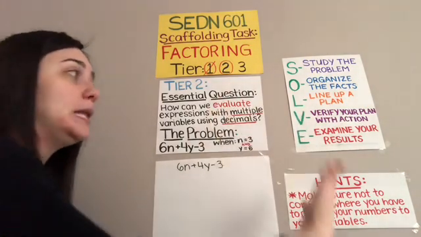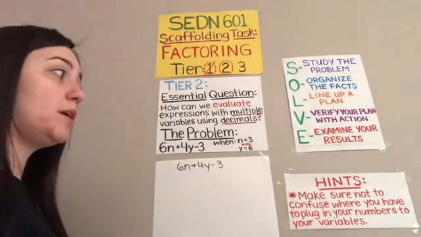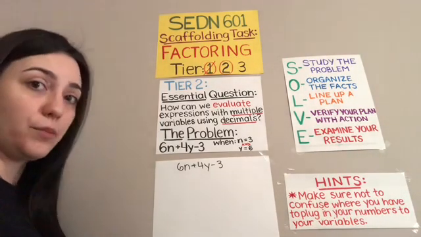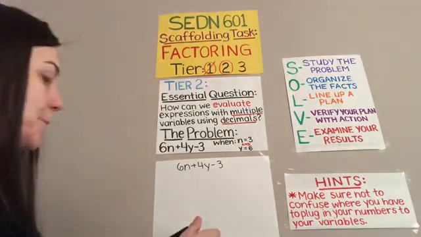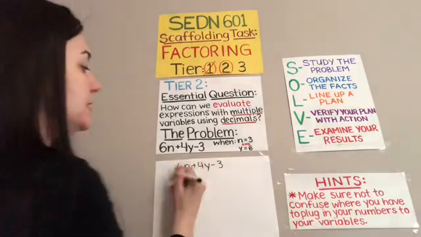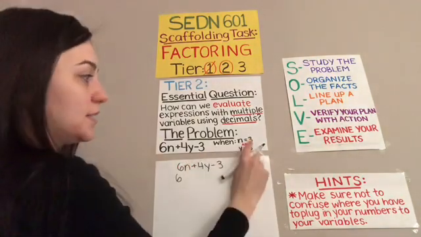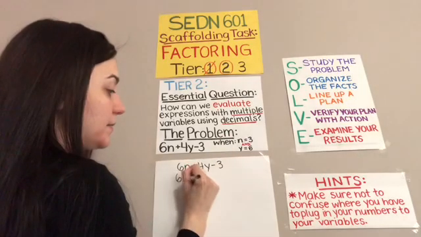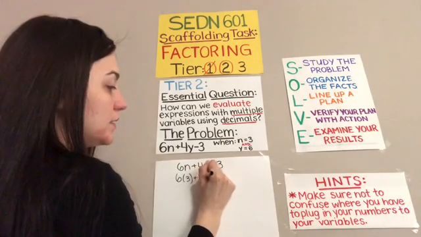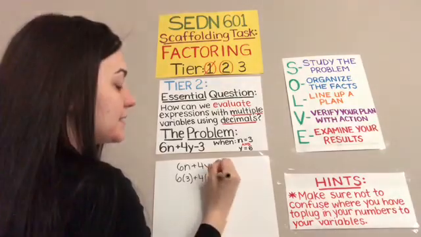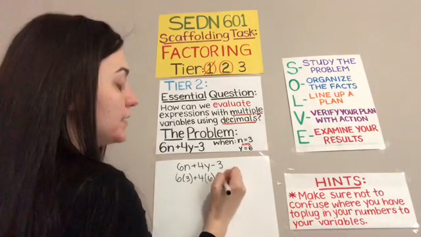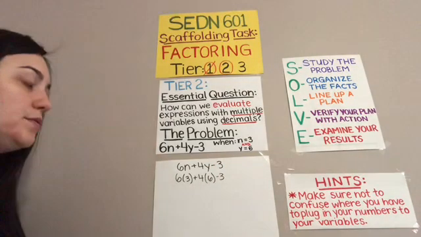So our plan should be to plug in the numbers to the variables. That would be 6 times 3 and 4 times 6. Then we have the minus 3. We're going to carry it down. Now we're just going to solve.